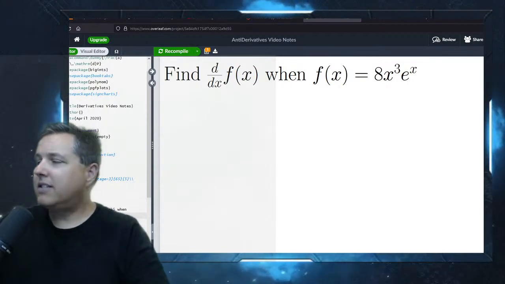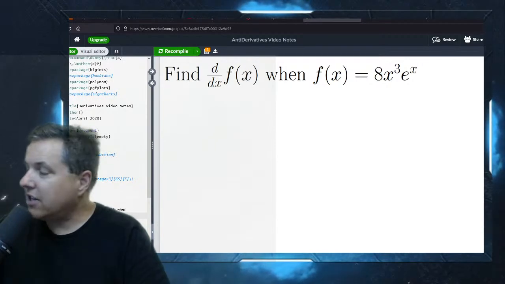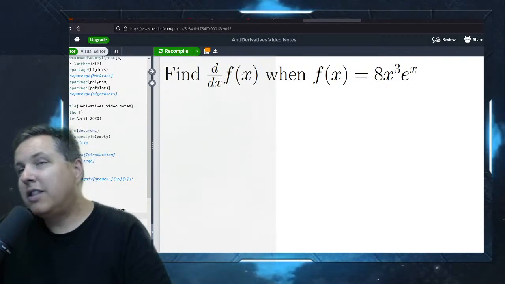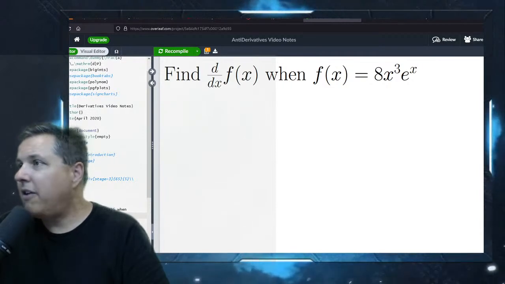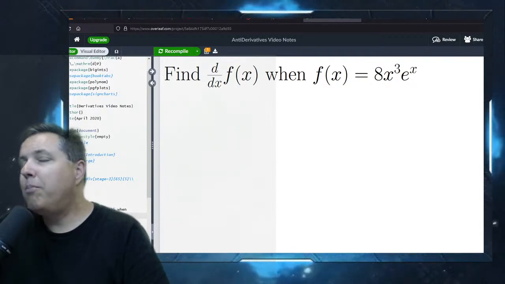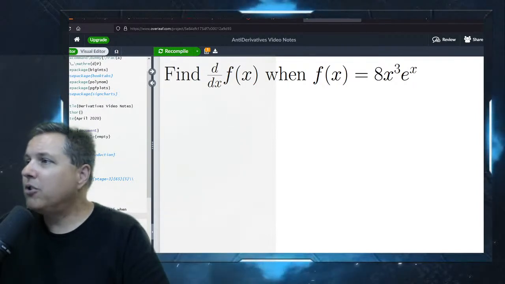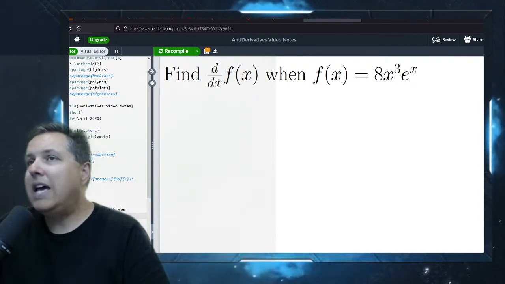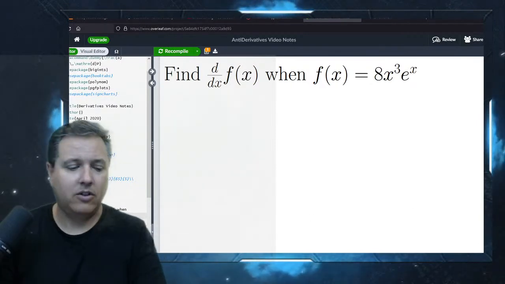When I look at this, it's kind of like the problem we did at the beginning of the section on logarithms. You look at this and go, that looks an awful lot like a product rule. It looks like I have two different functions multiplying each other. They're both functions of x, and they are multiplying each other. So I want to go ahead and take the derivative of that thing.